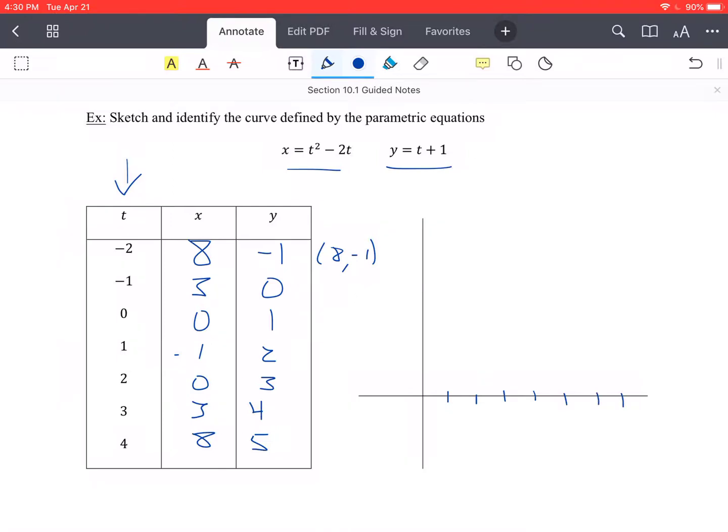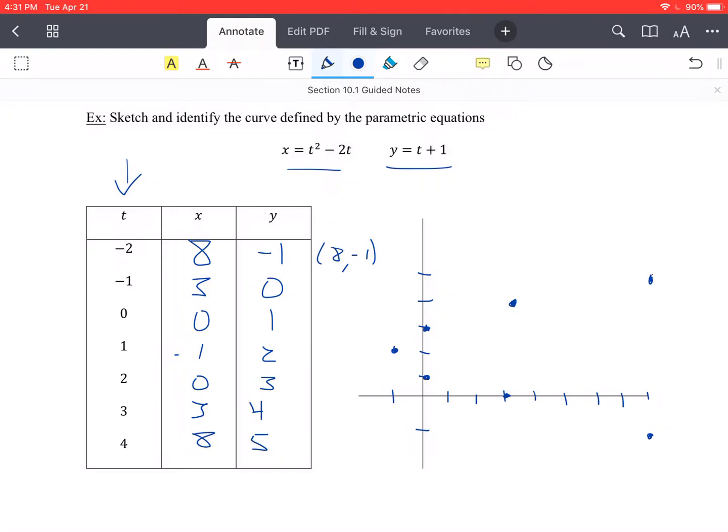So the point 8, negative 1 is going to be down here somewhere. Then 3, 0; 0, 1; negative 1, 2; 0, 3; 3, 4; and 8, 5.